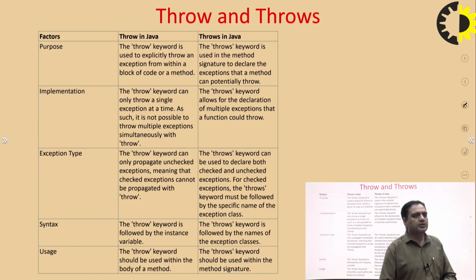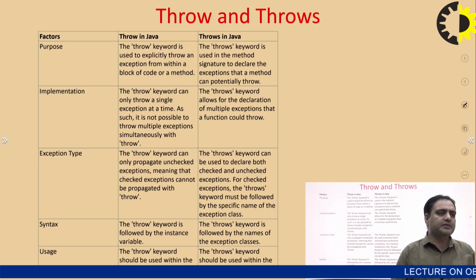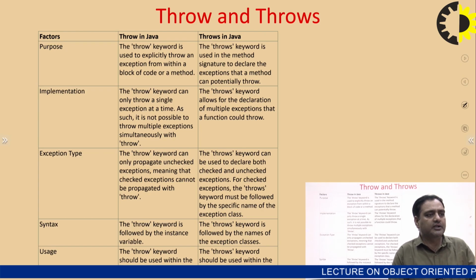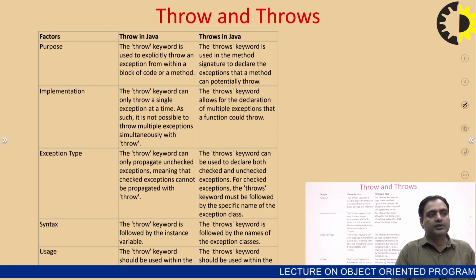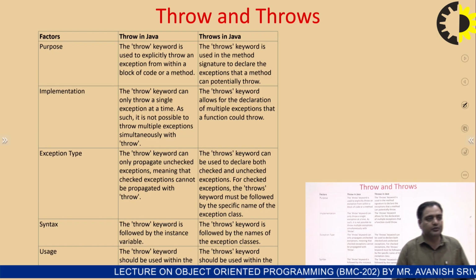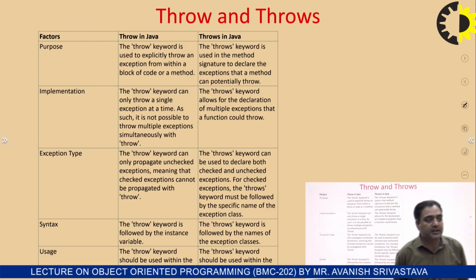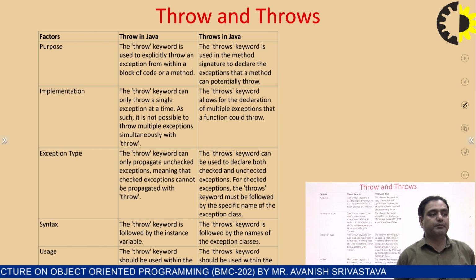Implementation: the throw keyword can only throw a single exception at a time. As such, it is not possible to throw multiple exceptions simultaneously with throw. The throws keyword allows for the declaration of multiple exceptions that a function could throw. Exception type: the throw keyword can only propagate unchecked exceptions, meaning that a checked exception cannot be propagated with throw.